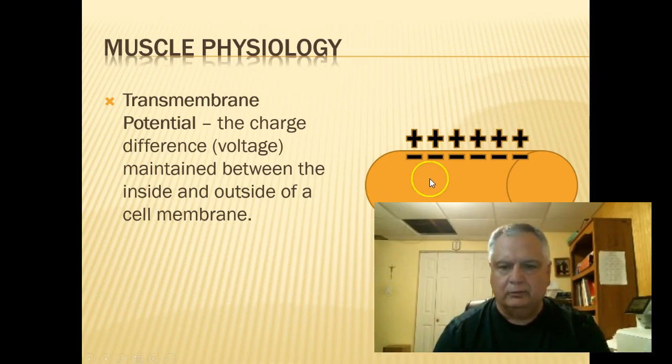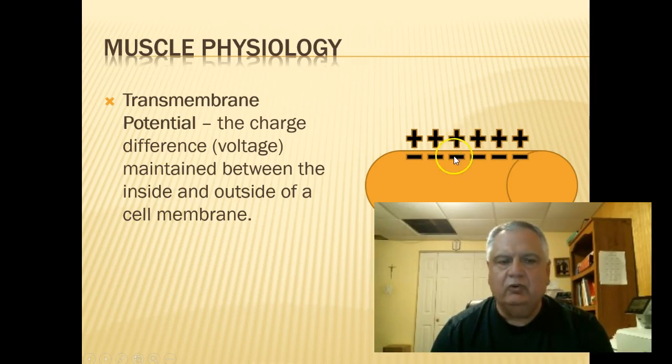So if we look at our little diagram of a cell here, we can see that with regard to transmembrane potential in irritable cells, that is cells that have the ability to respond to a stimulus, we have an overall net positive charge along the outside of the cell membrane, the plasma membrane, and along the inside of the plasma membrane, there's an overall net negative charge.